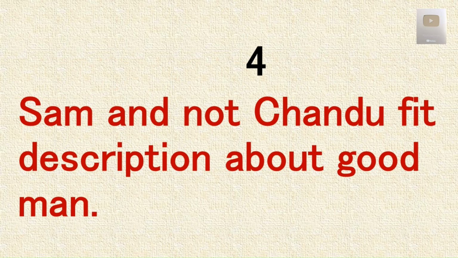Next one, number 4. Sam and not Chandu fit description about good man. Now you have 2 subjects, Sam and not Chandu. Fit description about good man. Where what is missing, where what is wrong, try to find out.